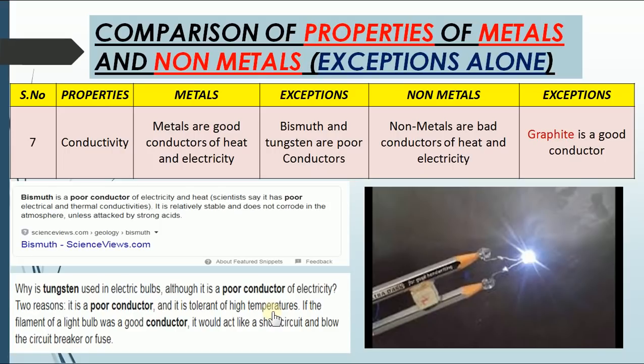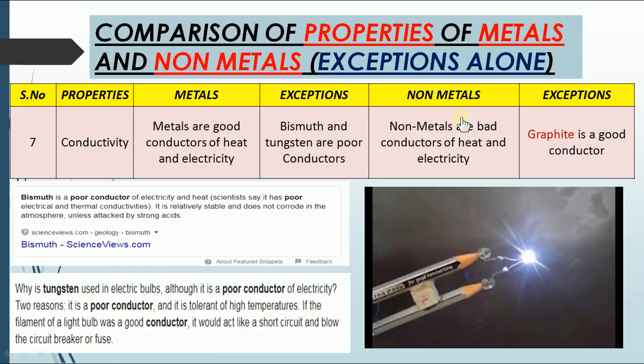So in order to avoid breakages, we use tungsten. It has low conductivity and high tolerance to temperature. If the filament of the light bulb were a very good conductor, the circuit would break or fuse. That is the reason we use a poor conductor like tungsten in the electrical bulb.